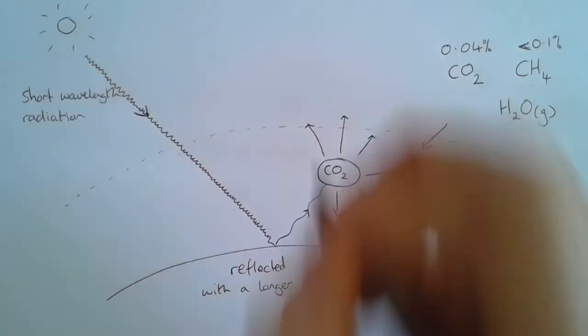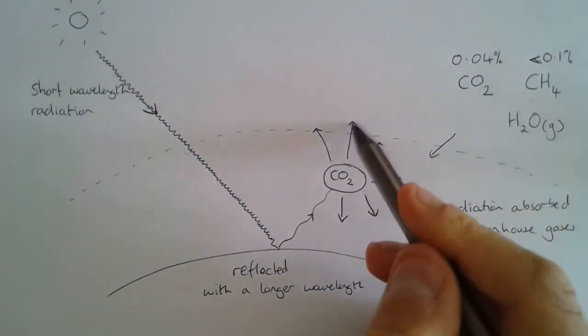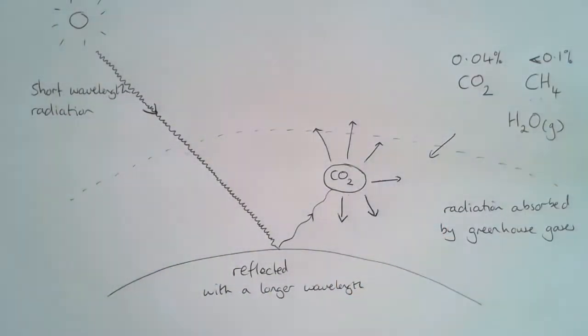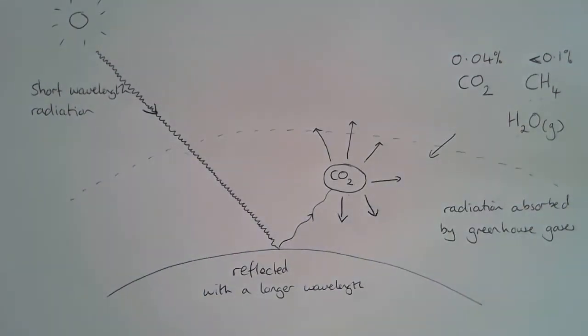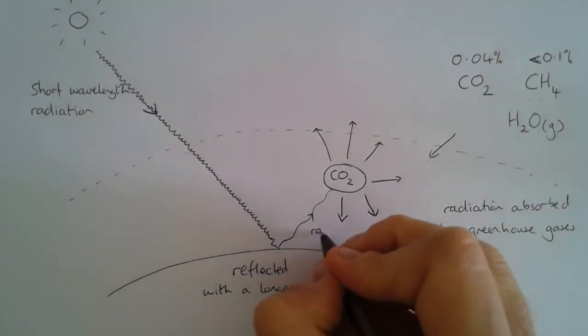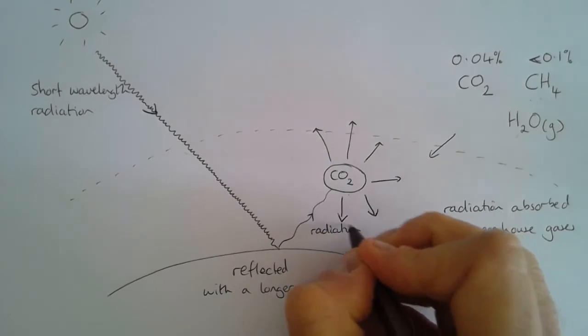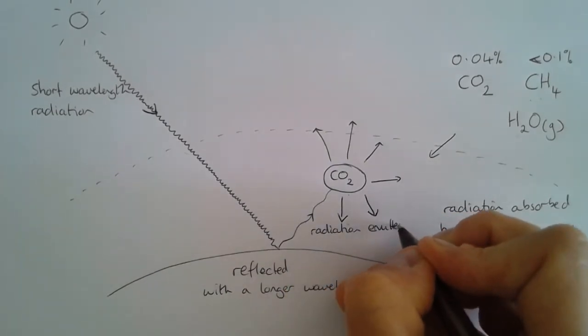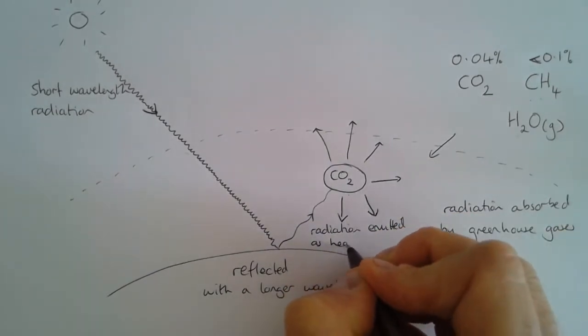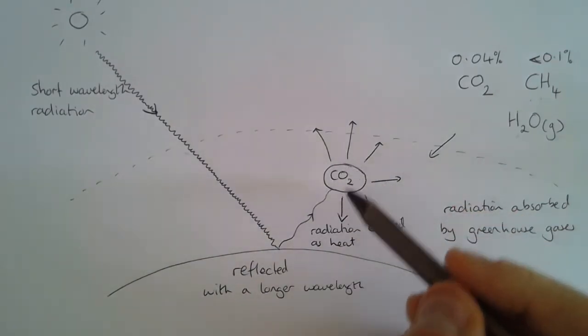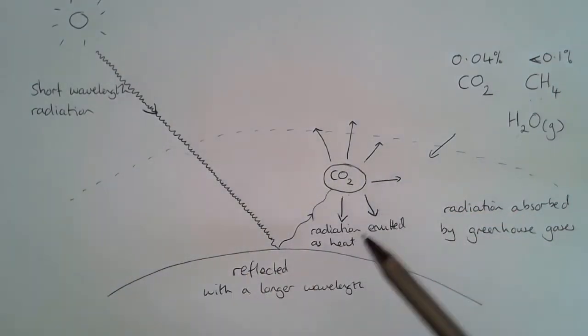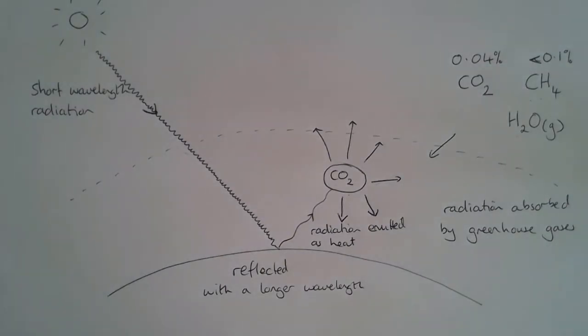Some of that gets emitted out into space, but some of it gets emitted back to the Earth's surface. So this process is going to lead to an increase in the temperature of the Earth's surface.